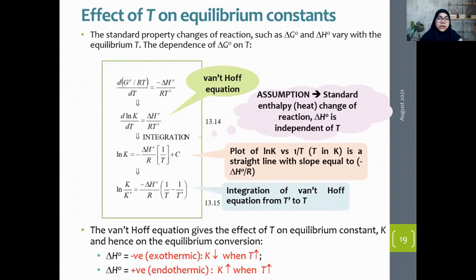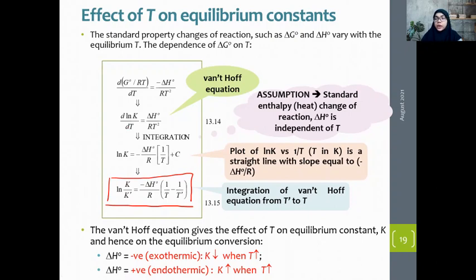Okay, by replacing the G naught over RT with the equilibrium constant, we're going to have this expression and then integrate this expression to obtain this equation in determining the equilibrium constant at different conditions. So we can obtain the equilibrium constant for this particular condition by comparing between both conditions of 1 and 2. So this equation is known as the Van't Hoff equation.